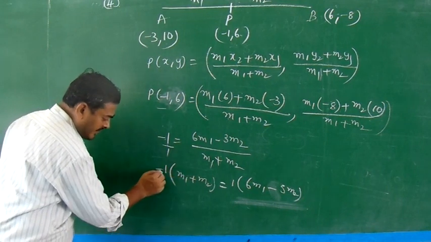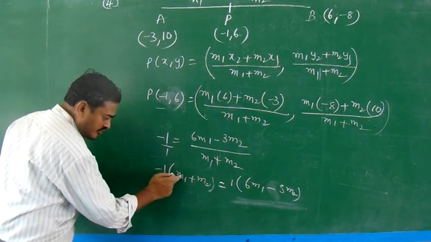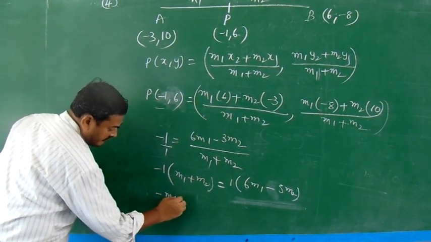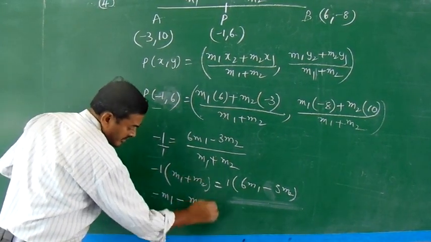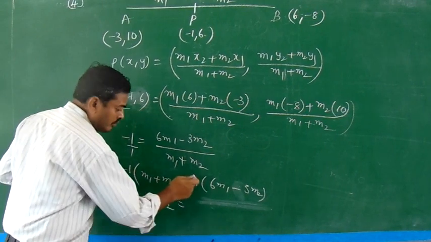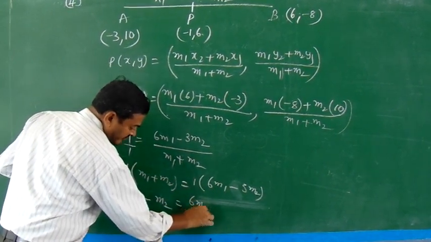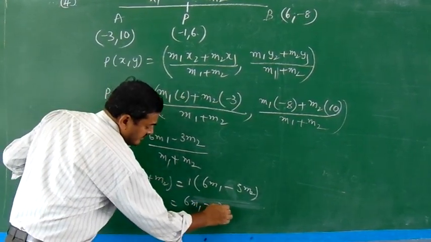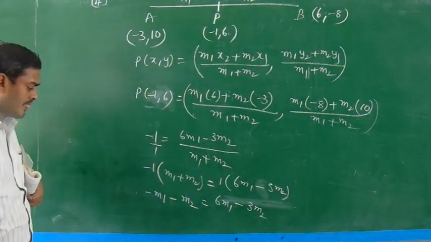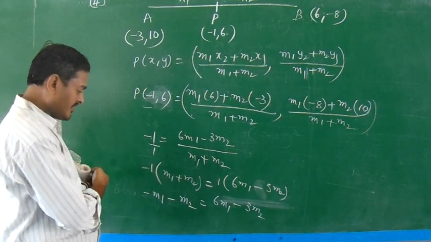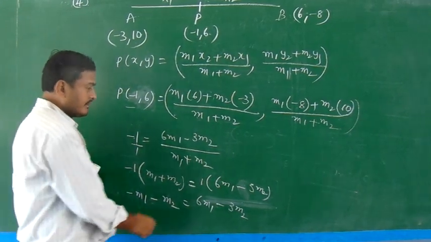Now multiply: minus 1 belongs to these two. Minus 1 into m1 plus minus 1 into m2 equals 1 into 6m1 minus 3m2. Now take all m1 values to one side and m2 values to the other side.